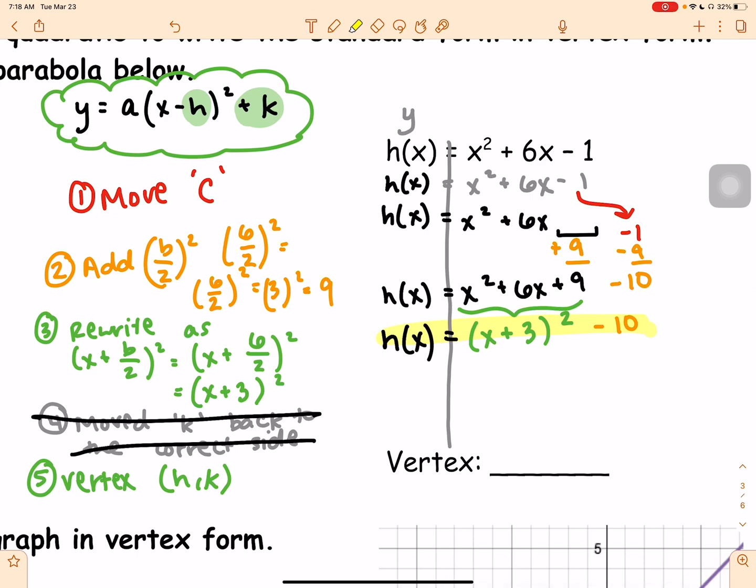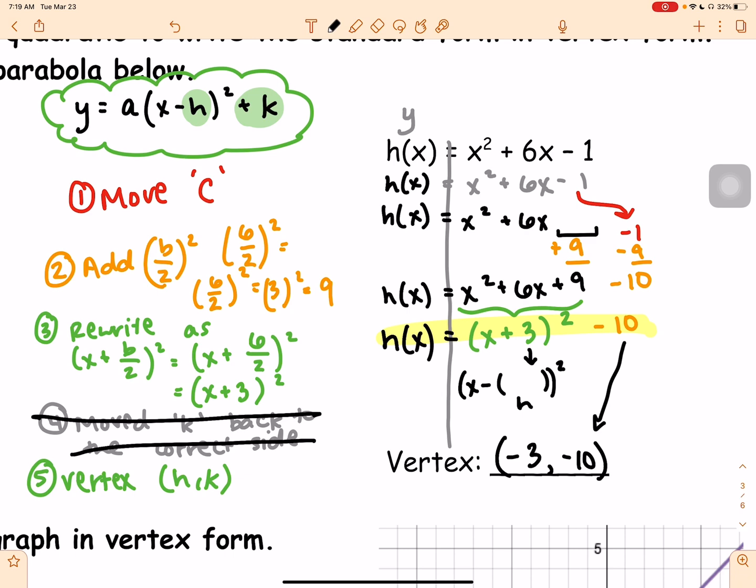I did explain, so it felt like it took longer because I was explaining why we add the 9 and subtract the 9 on the same side, because then you're technically just adding 0, right? So here our vertex, since this is a 3, our h is actually a -3. And then our k is a -10. Because our formula is x minus h, x minus the h is what would be right here.